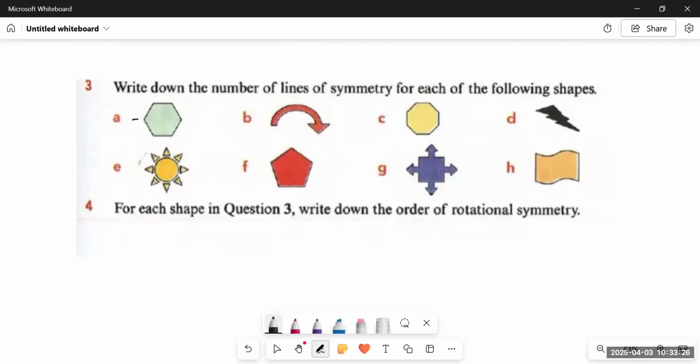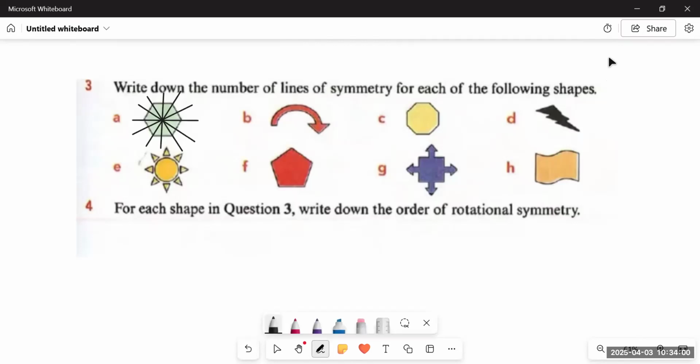Let me draw it. 1, 2, 3, 4, 5, and 6. So these are the 6 lines of symmetry we will have in this one.